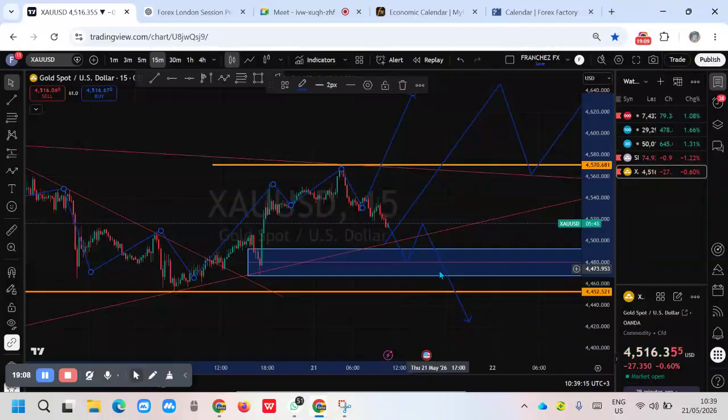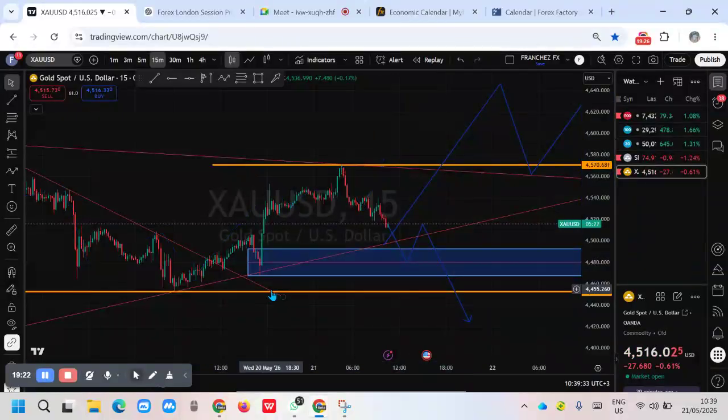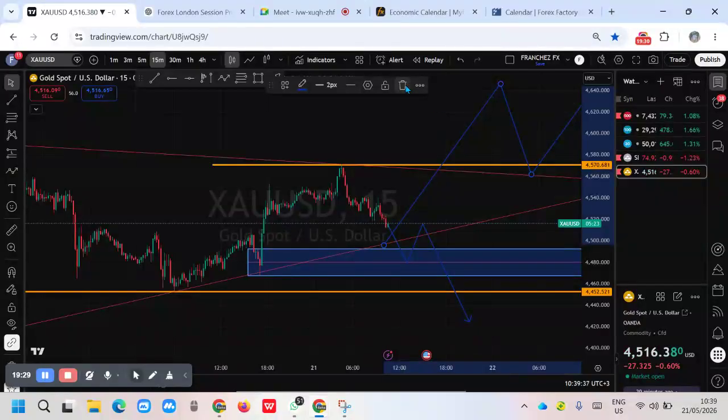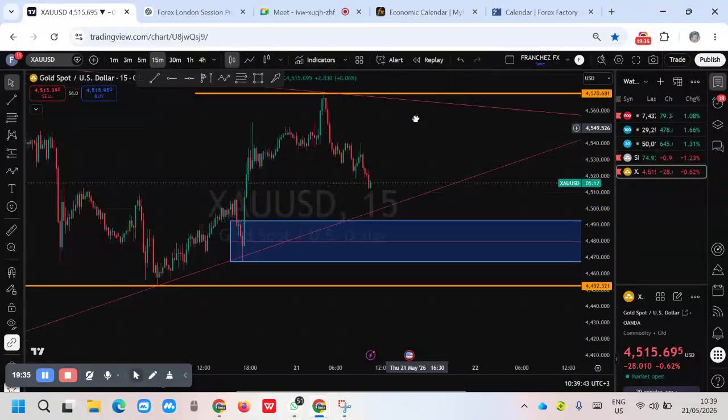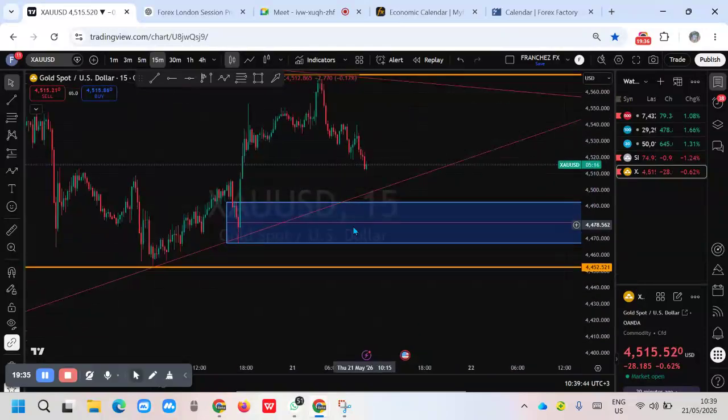So we are still not having a break of structure at this level. Unless we have a break of structure, something like this, remember this market has done this, then changed character. So we can be waiting for a break of structure, maybe that way.